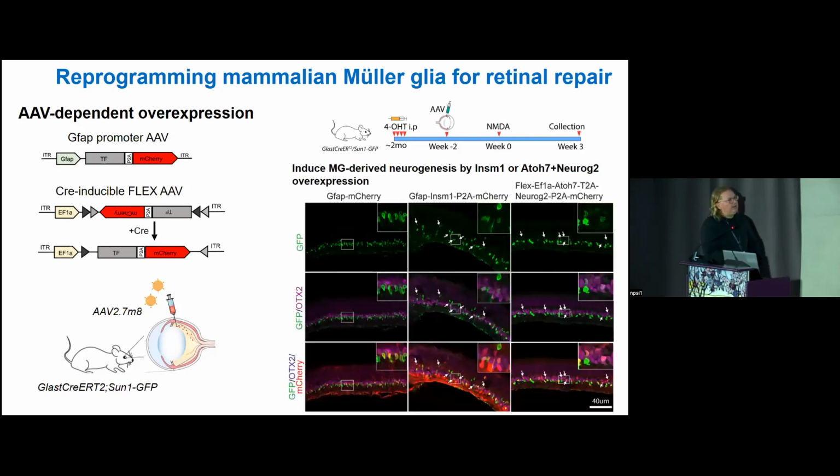And we're able to see that both viruses, one expressing the neurogenic transcription factor INSM1, the other expressing the neurogenic bHLHs Ascl1 and Neurog2, can induce GFP-positive Müller glia to start to express OTX2. This is a bipolar cell marker, as you can see here. This is pretty low level, but this is all happening in wild-type animals.